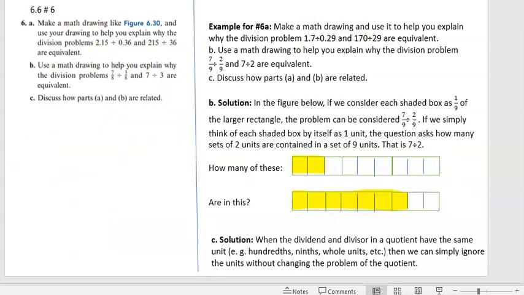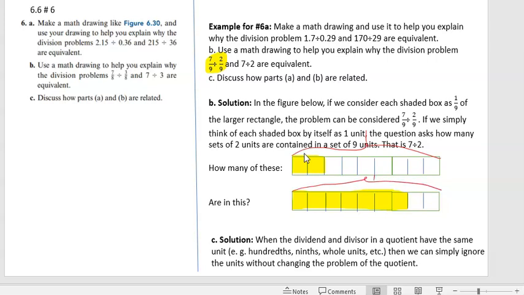Now let's look at part B and part C. For part B, this time we're not looking at decimals, we're looking at fractions. First of all, we're going to draw both fractions. Again, I use different fractions here, and notice the fractions have the same denominator. When I take the one whole, make sure the second one shares the same whole, exactly the same length.